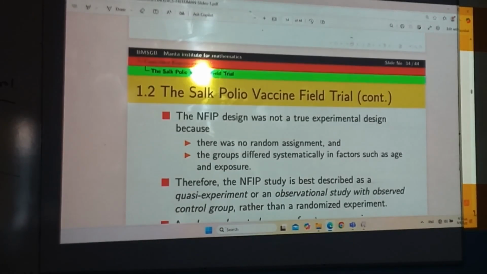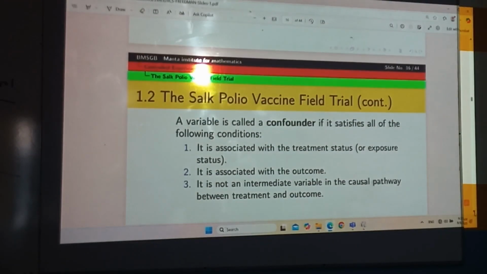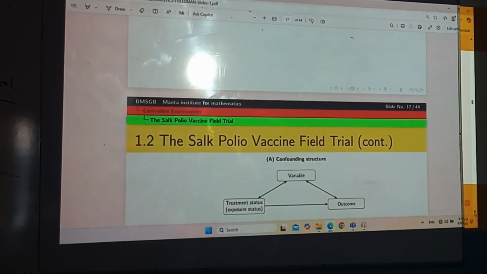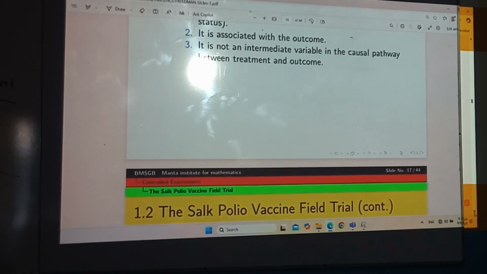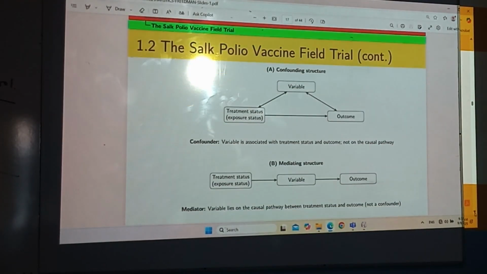So we have discussed the weaknesses and so on. I have actually changed my notes a little bit, because the previous notes had some errors. Here I have drawn a graph to show you what a confounding variable is.